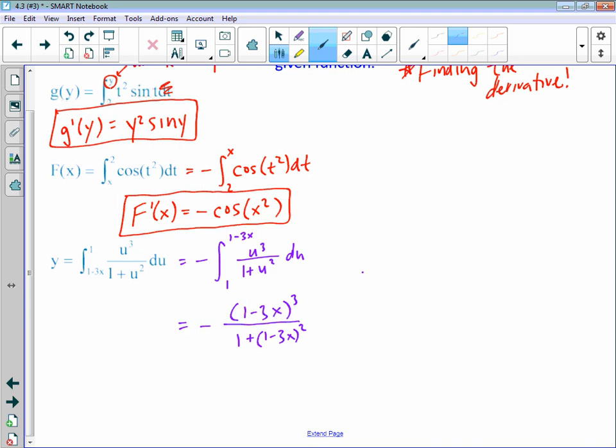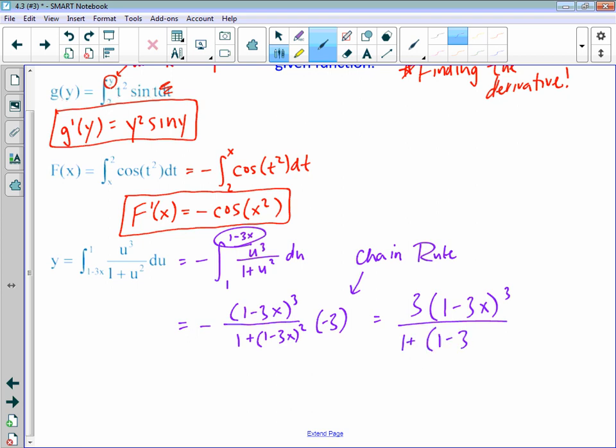And then chain rule has to go on the back. So your chain rule is multiplied by the derivative of that inside function, which is what? -3. So then you can actually change both those negatives to turn into a +3 on the top. And then you've got the 1 minus 3x cubed. And then the denominator, I would just leave it like this unless you're forced to switch it. Because you can't cancel that. This is 1 plus this, so you can't factor it out or anything there. Does that look okay to everyone?